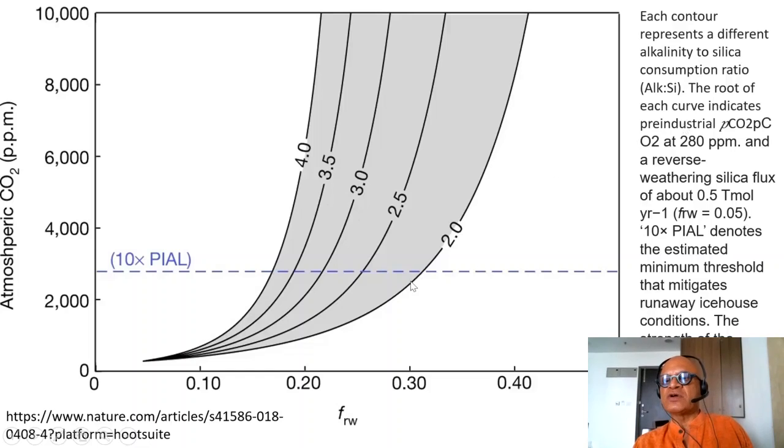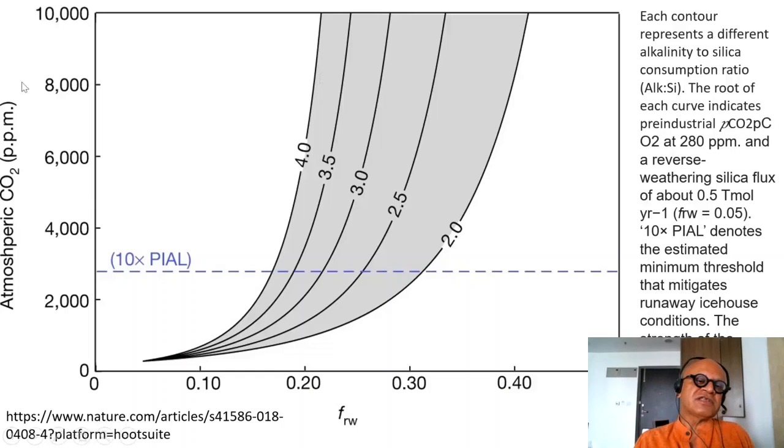The root of each curve indicates pre-industrial PCO2 here at 280 ppm, and a reverse weathering silica flux of about 0.5 teramole per year. So that's the FRW shown here. 10 PIAL denotes the estimated minimum threshold that mitigates runaway icehouse conditions. The strength of silicate weathering feedback is set at 0.3.